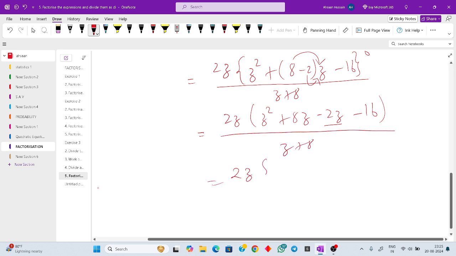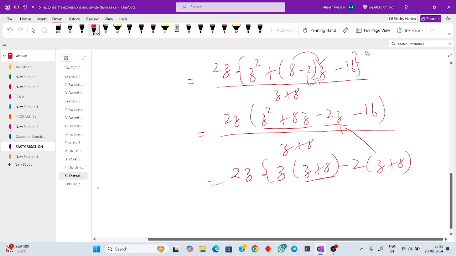So what is the common factor between z square and 8z? It will be z. So z plus 8 is left. We can directly write this z plus 8 here. And after writing, you can see what more we need to write by comparison. So we'll just write here negative 2.